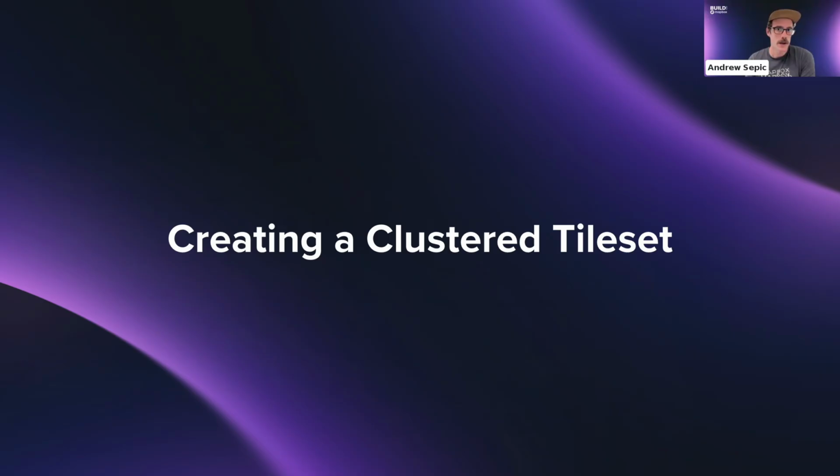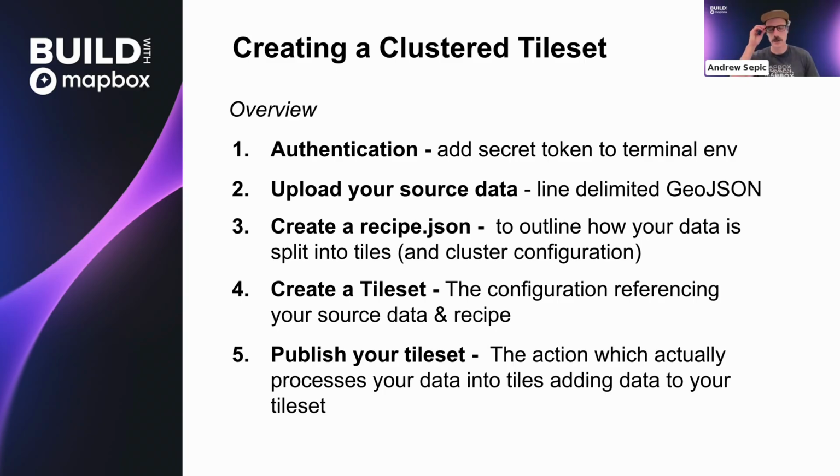Okay, all right. I think we're getting ready to code here. Creating a clustered tileset. All right, so a little overview of what we're going to do. The first part is we are going to add a secret token to our terminal environment. To access MTS, we need to pass a secret token. You can create the token for free in your Mapbox account.